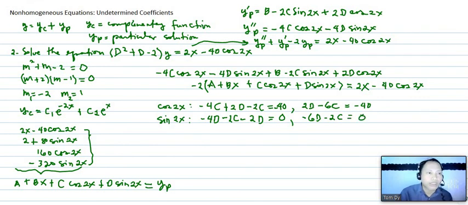Okay, that is now the sine, cosine, this time with x only. Okay, we will look at terms with x only, so negative 2b equals 2, which is equivalent to 2. So for this case, b equals negative 1. That is 2 divided by negative 2.